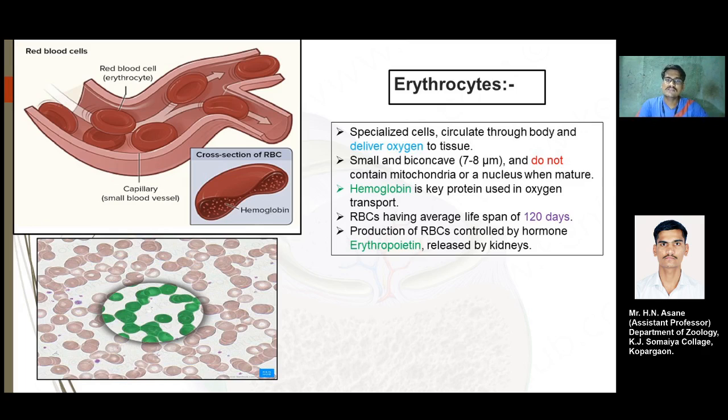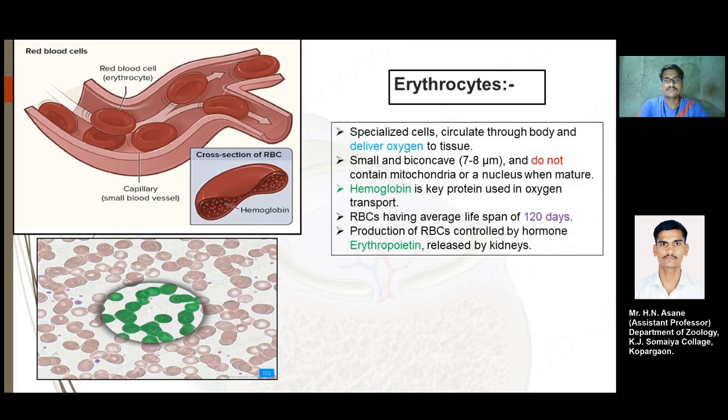These erythrocytes get some modification: degeneration of the nuclei and the mitochondria, which are the biggest components, since they are in need of a large size. These modifications occurred in evolution, so the nucleus and the mitochondria get degenerated.